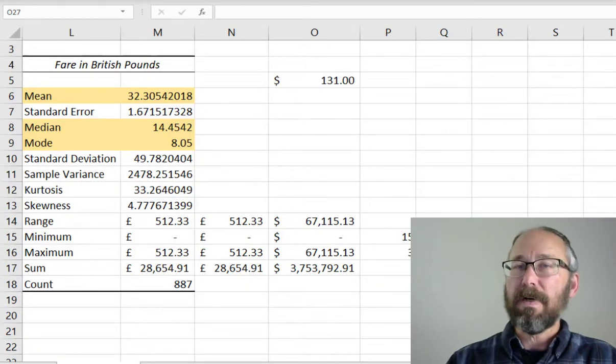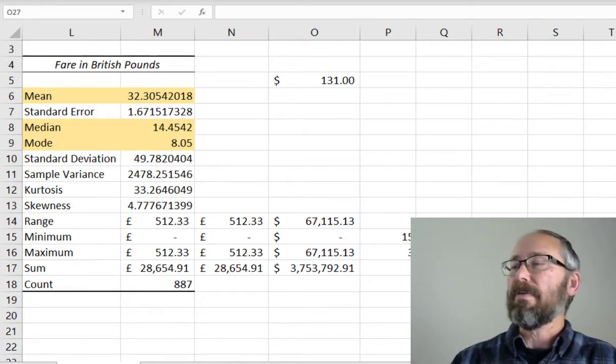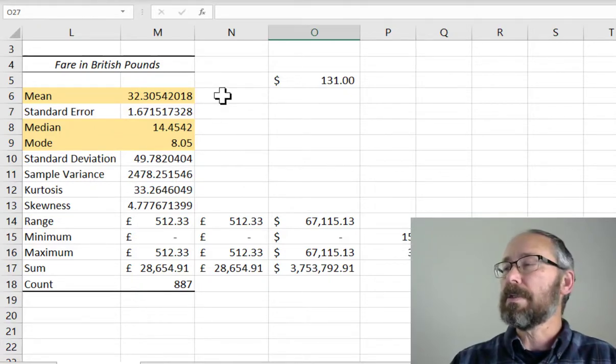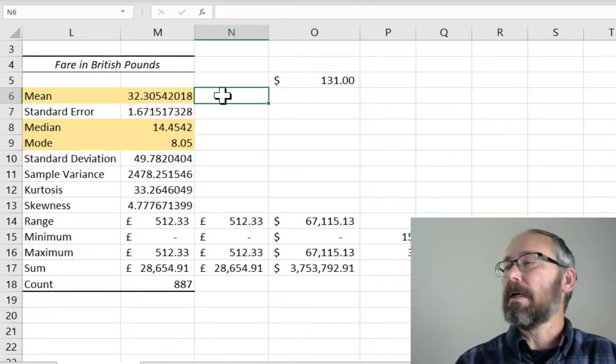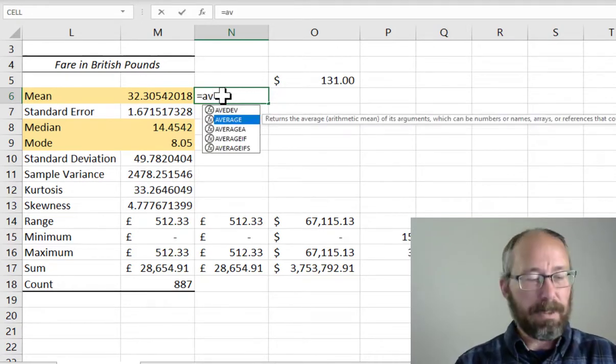The next set of descriptive statistics that we'll look at are measures of central tendency. So I've highlighted those here. We have the mean, the median, and the mode. And these are pretty straightforward. The mean is the arithmetic mean, and you can use the average in Excel, average, to do this.